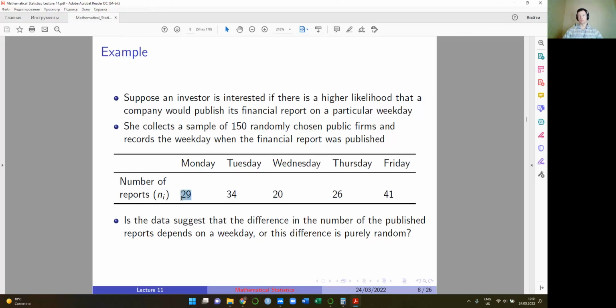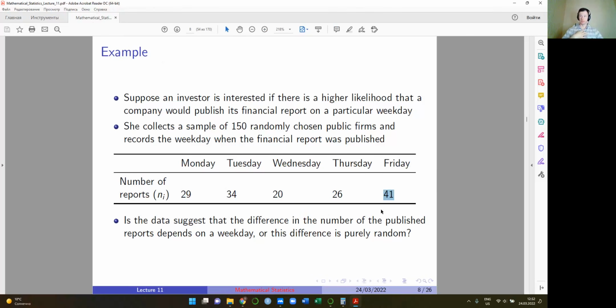The deviation here is only 1 from 30. The deviation of 34 is 34 minus 30, which is 4. We don't know whether it's large or not. The deviation here is 10, and 10 is probably a large deviation. Here is 6, here is 11. So we don't know whether these deviations are large enough to reject the null hypothesis.